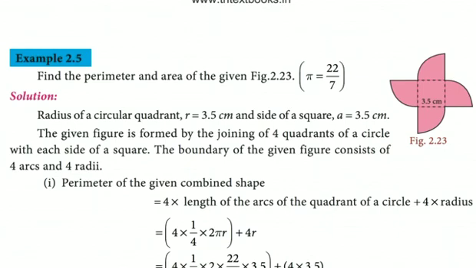See, if you observe carefully, what it has is one square inside, and these are parts of a circle, but not a semicircle. A circle divided into one fourth of a circle. So 1, 2, 3, 4 combined make a complete circle. And this is the radius of the circle.